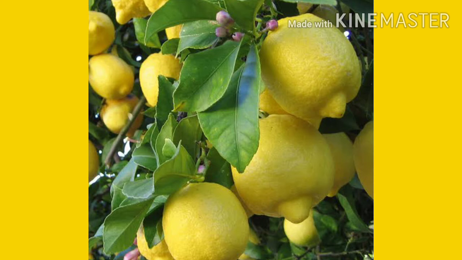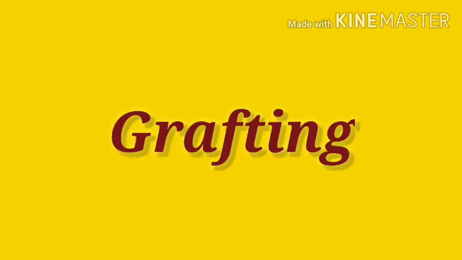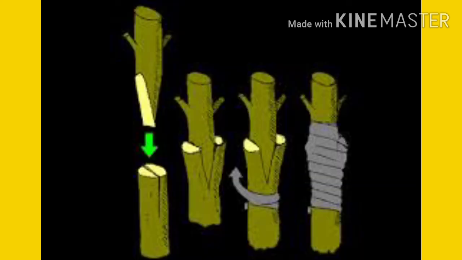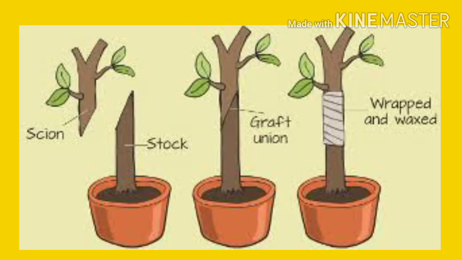The next method of vegetative propagation by artificial means is grafting. In this method, the branch of the desired variety of a plant, which you want to grow, is called the scion. It is grafted or attached to a plant of the same type having a well developed root system, and that part is known as the stalk.